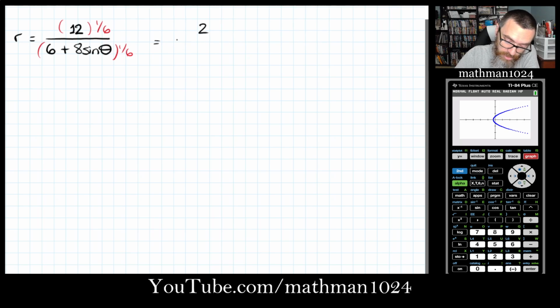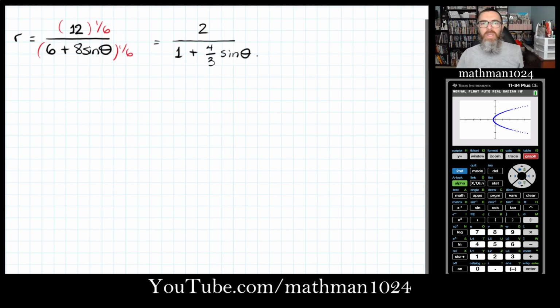So we have 2 over 1 plus 8 over 6, which reduces to 4/3. So there we go. Because we're in this form, we can quickly and easily identify the e as being 4/3. What about p though?